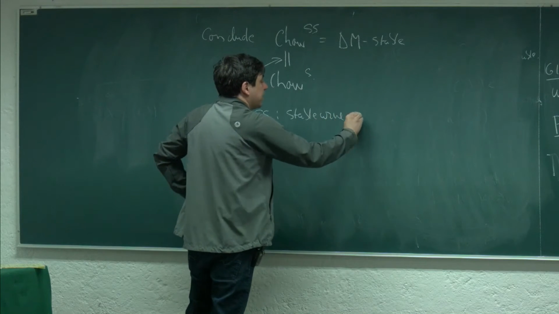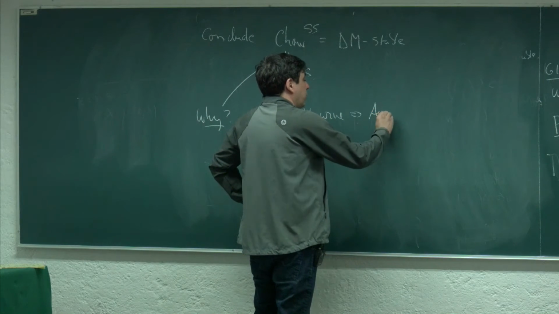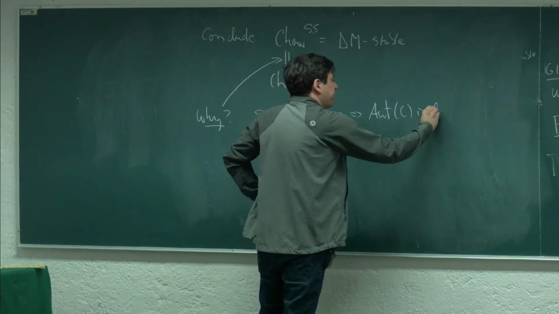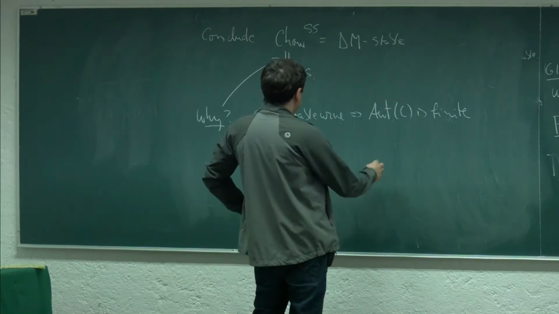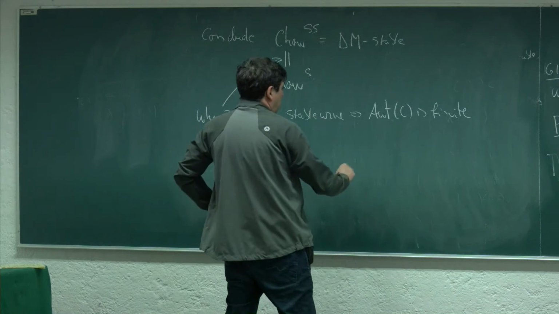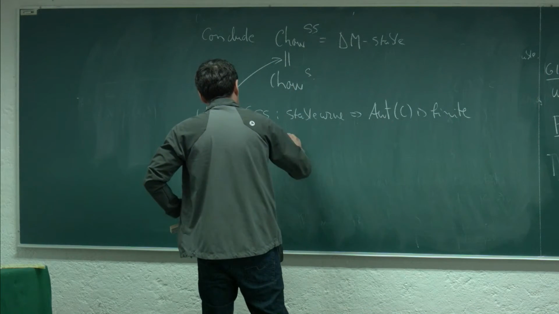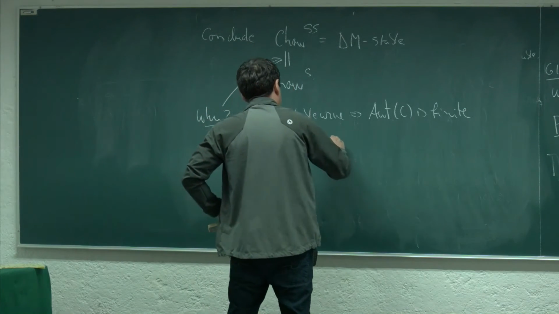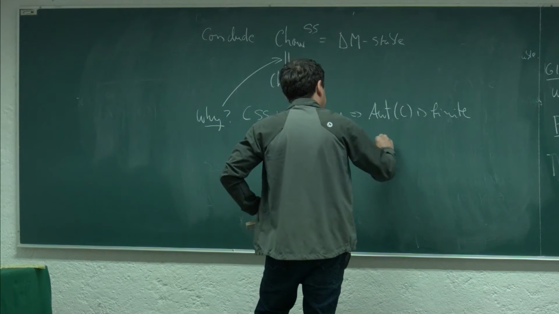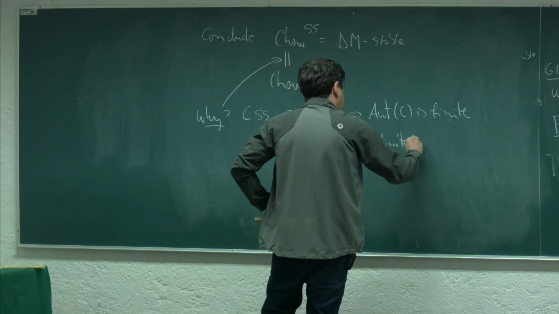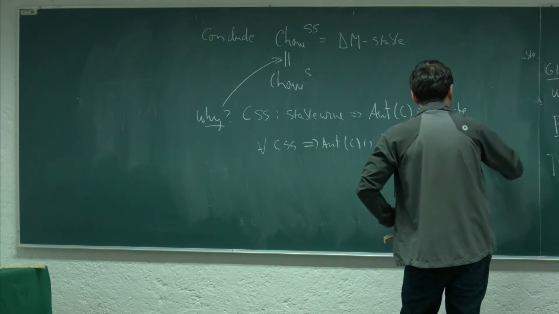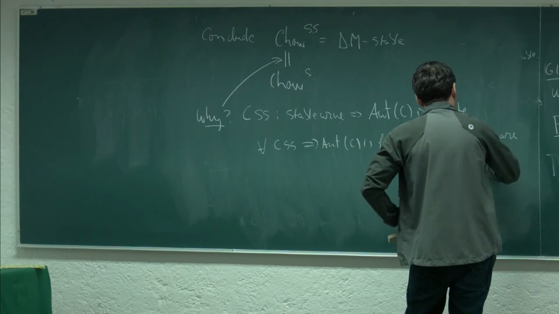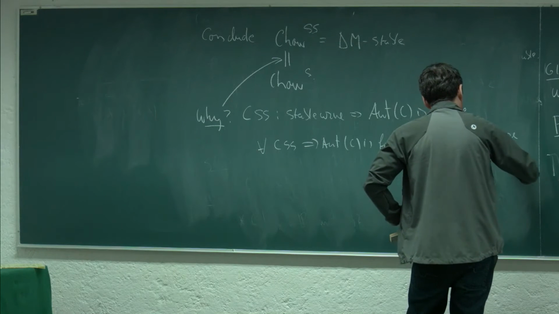In particular, it implies the automorphism group is finite. If I have such a situation that for all C semi-stable, the automorphism group is finite, then it implies all orbits are closed in the semi-stable locus.